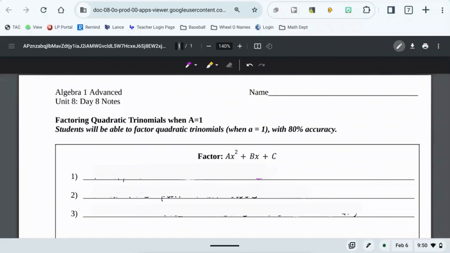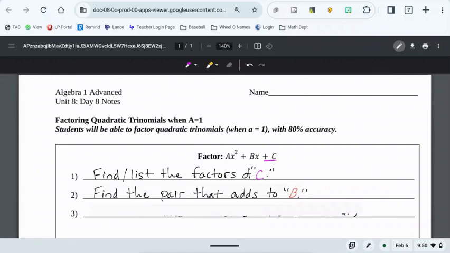So our first step when we factor is we want to find or list the factors of c. Now we talked about lists of factors in day 7 notes, so that's just what we're going to continue to do. And that's why we did that, to help us prepare for this.